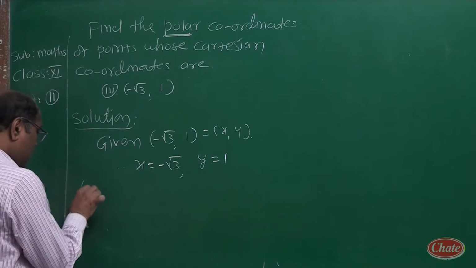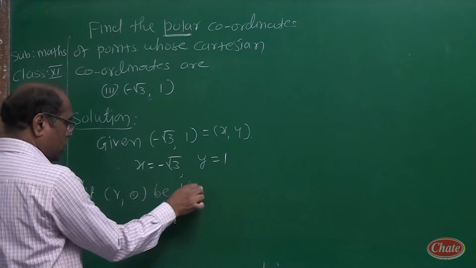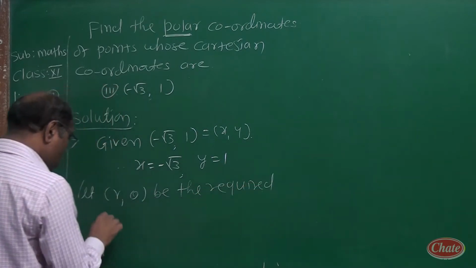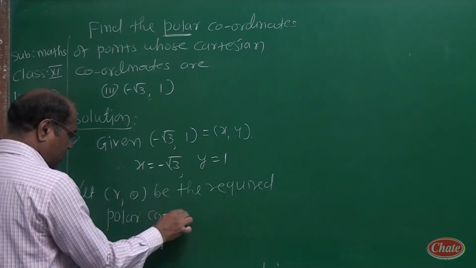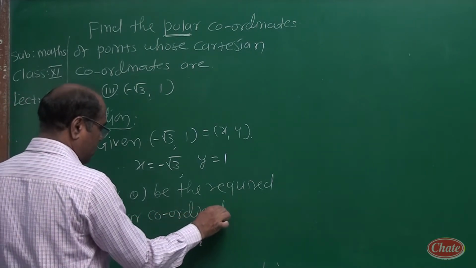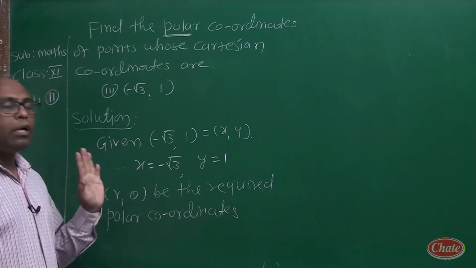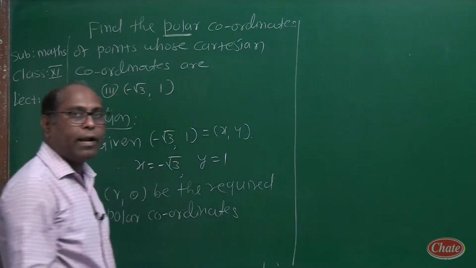Now let r comma theta be the required polar coordinates. Now here we have to find the value of r and theta.